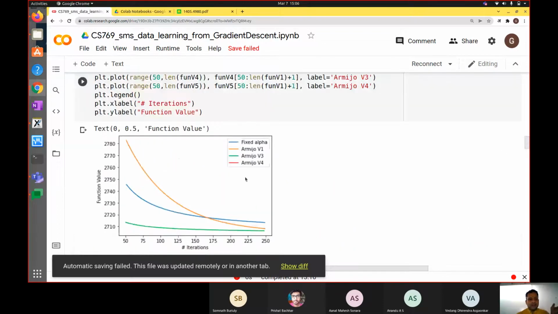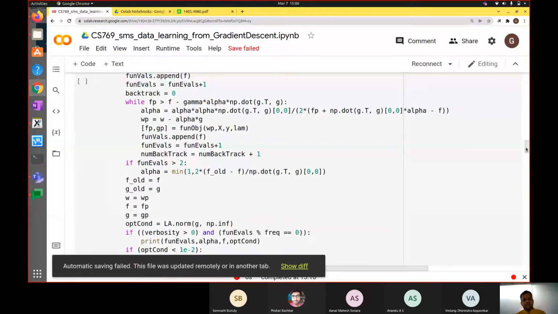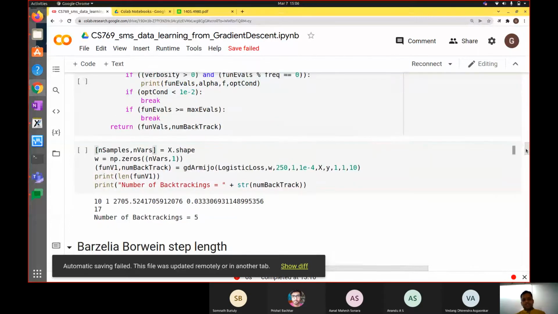It's already done basically. But you can see V3, V2, and eventually even V3 is doing better. So now, as our default line search condition, if you use that, then you will find just 5, which is very good. Any questions?